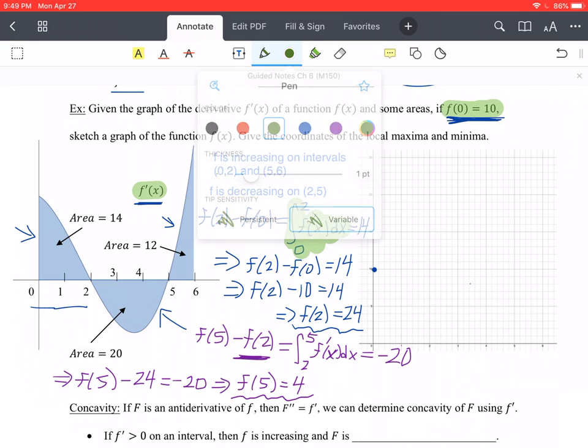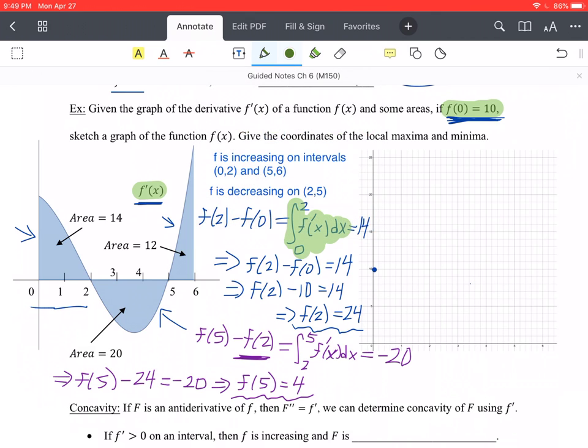And then for our last interval, from 5 to 6, we have f of 6 minus f of 5. That's the integral from 5 to 6 of f prime of x dx. Sorry, we're coming up close to the edge here.